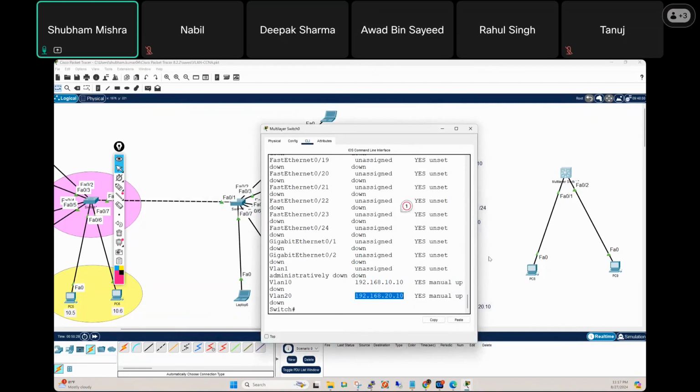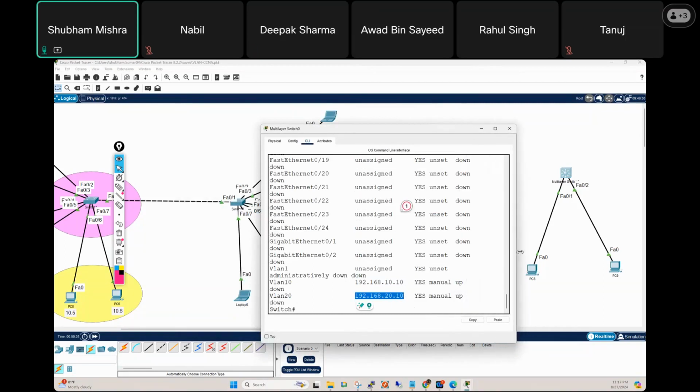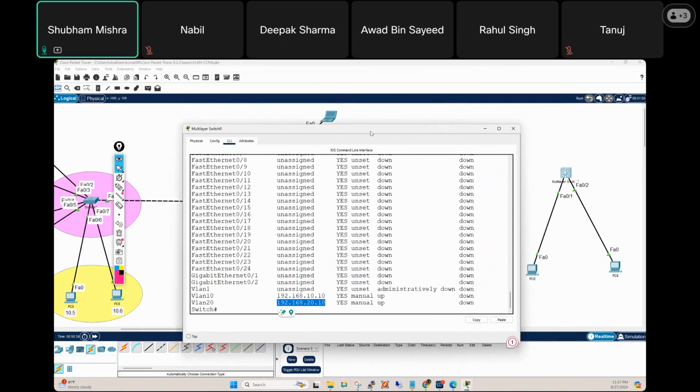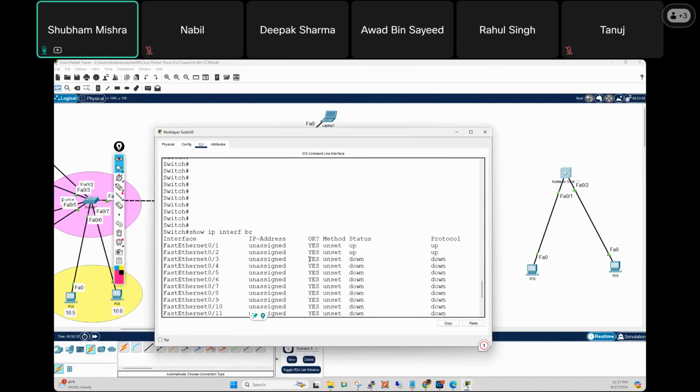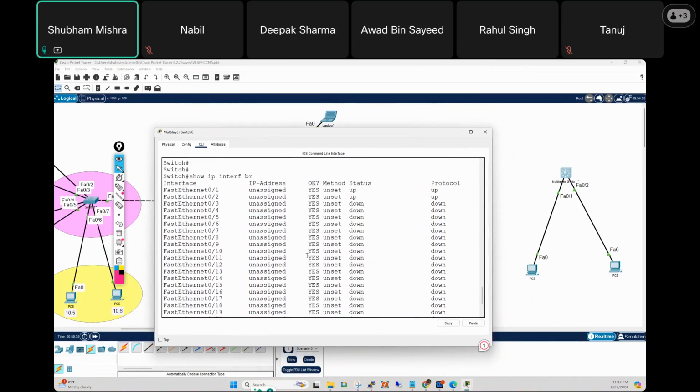Here we also configured the correct IP address. There is no problem, yes or no? But why is it not working? You are telling me FastEthernet 0/1 and 0/2 are both up. There is no problem. Both are up.